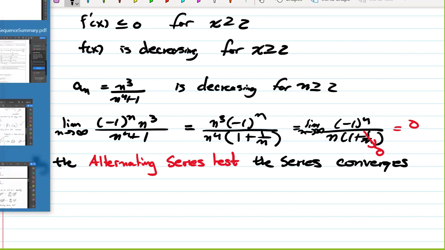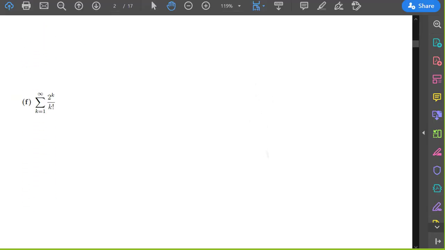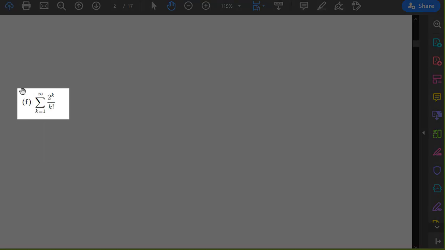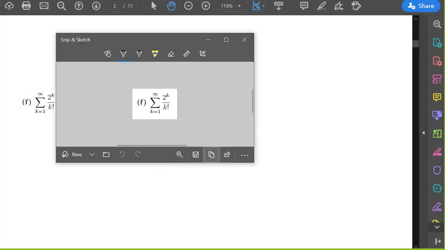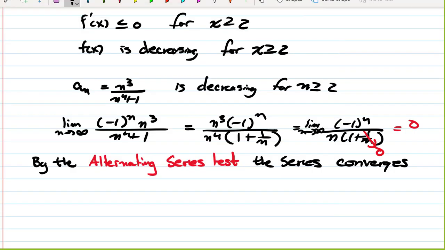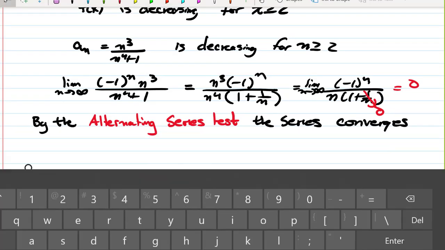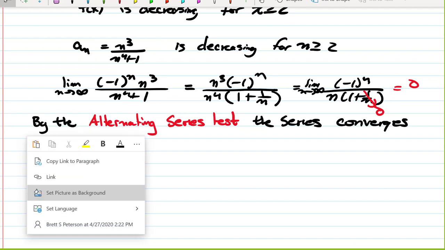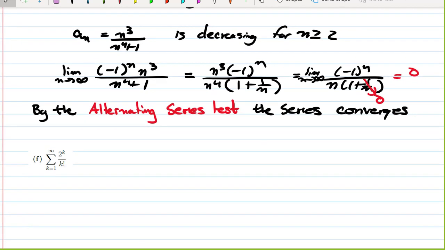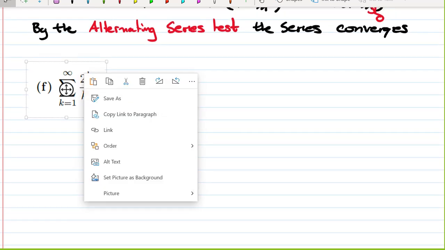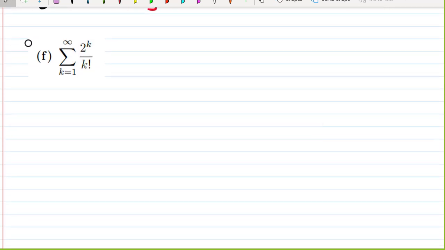All right, let's take a look at our next example. So we want to determine if this series converges or diverges.